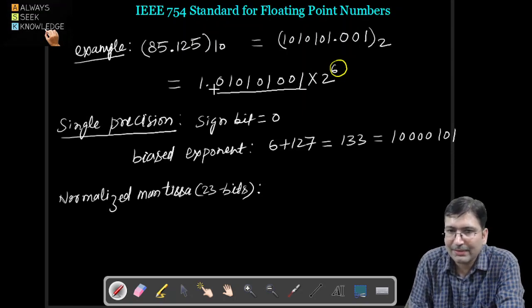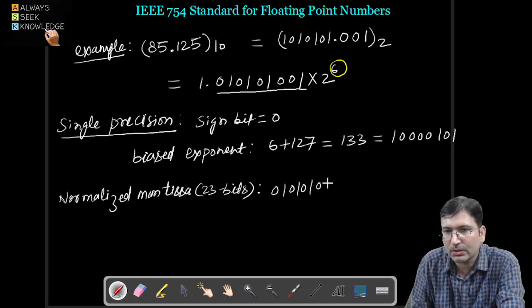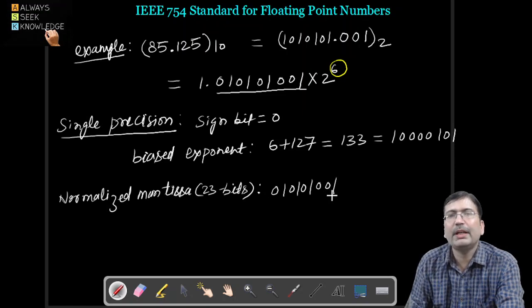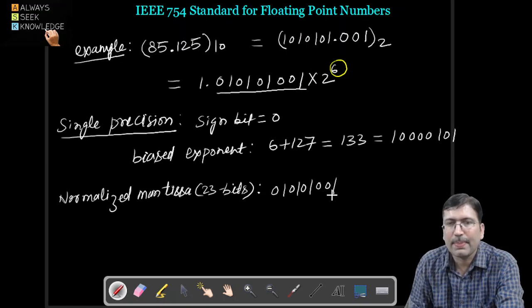And the mantissa is having 0 1 0 1 0 1 0 0 1, that is 1 2 3 4 5 6 7 8 9. So these are 9 bits. We need to set 23 bits.